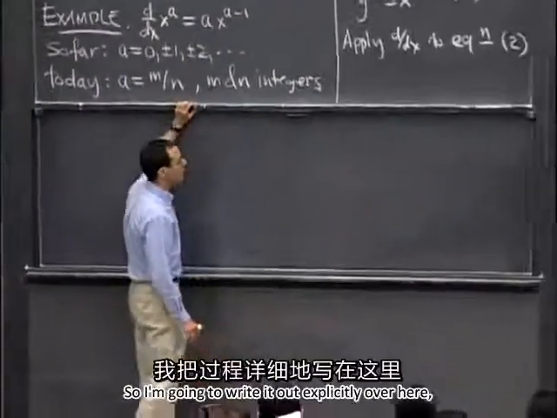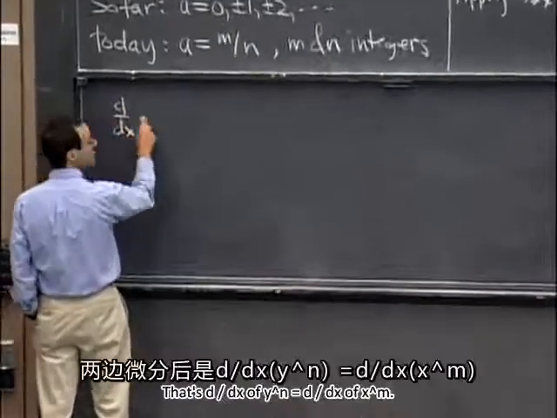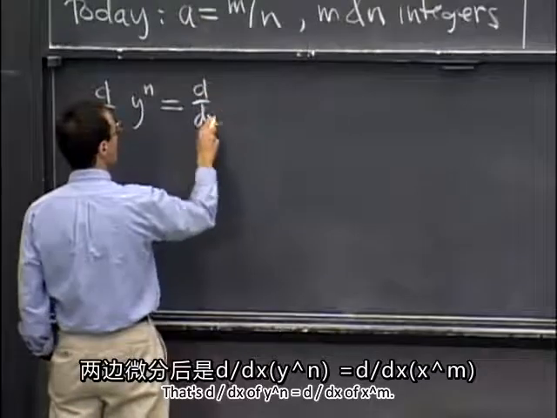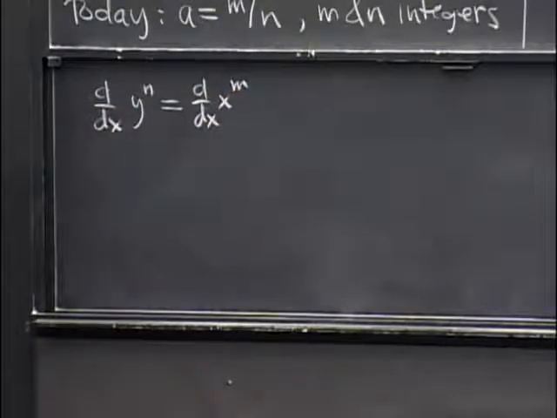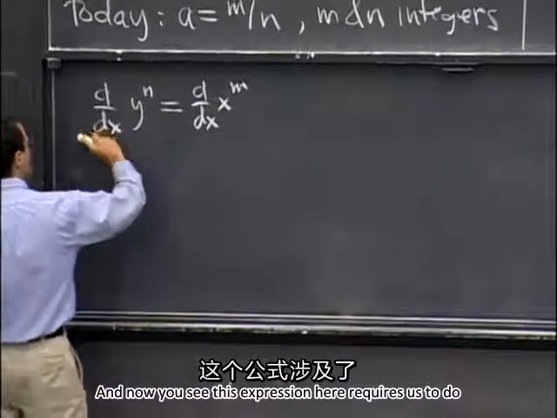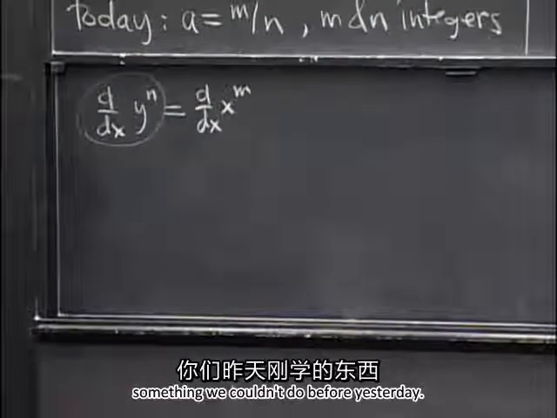So I'm going to write it out explicitly over here without carrying it out just yet. That's d by dx of y to the n is equal to d by dx of x to the m power. And now you see this expression here requires us to do something we couldn't do before yesterday.